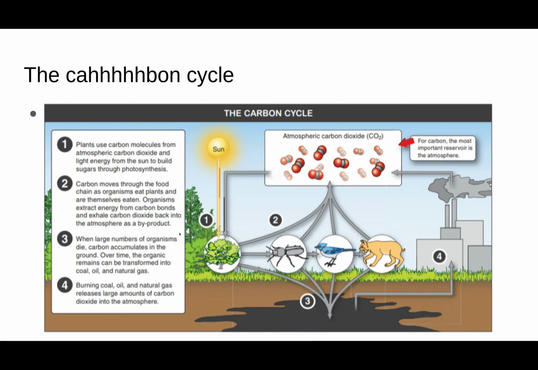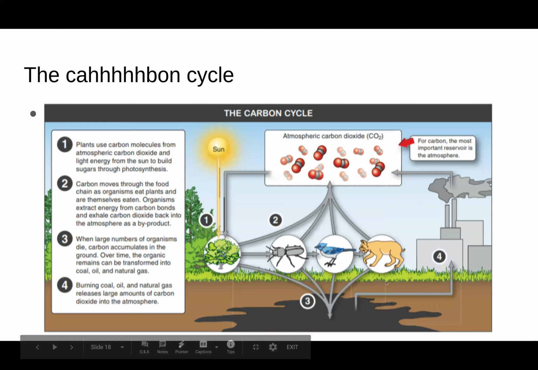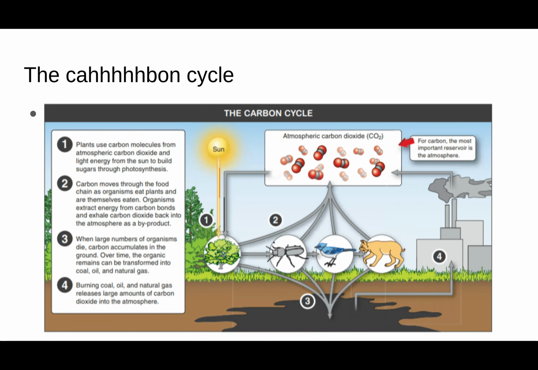And this is what happens when things die. I'm sorry about that. Everything dies. There's nothing that is ever persisting in nature. So once things die, they will be returned in some fashion. They'll either go into the soil or into the water or sediment or something like that. And once they're there, we have organisms called detritivores or decomposers that essentially take all that biomass.